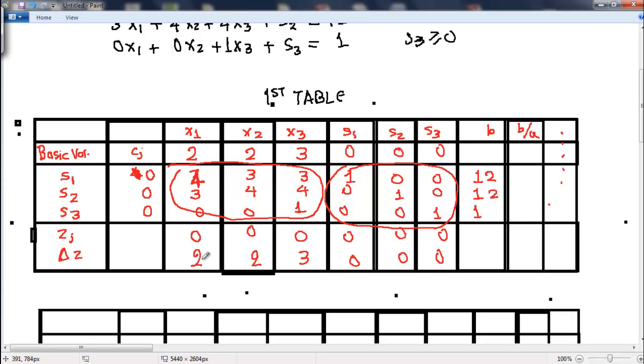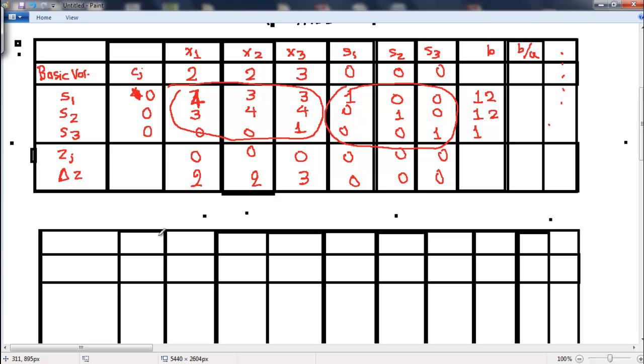It means that if I see something positive here, the table is not sufficient, I have to take a second, maybe a third, maybe a fourth table, and I will stop if all the elements here are 0 or negative.